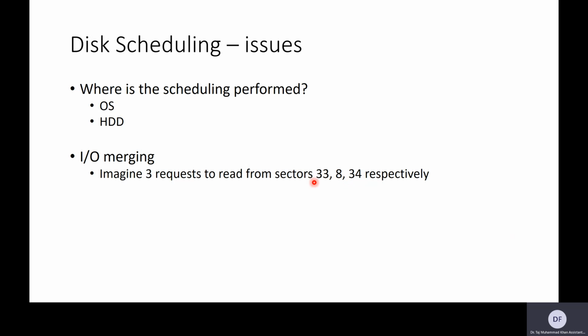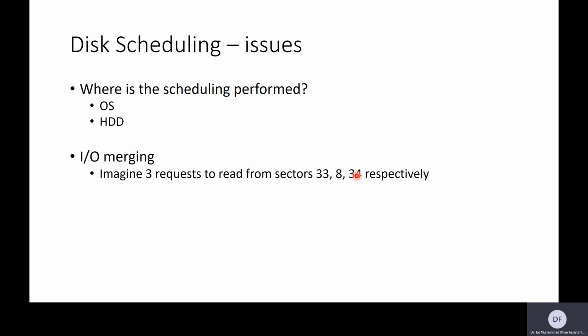So internally it can rearrange these requests so that the request to sector number 33 is performed, and then after that the next request to be executed is to sector number 34. Because this way we will avoid the seek and rotate time which we would have to incur if we execute the request to sector number 8 next. Because first we have to go to sector number 8, and then from sector number 8 we'll have to come back to sector number 34.